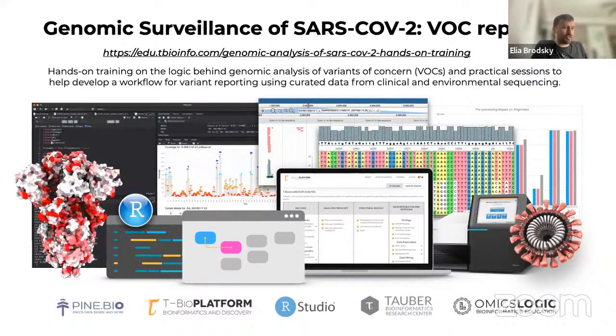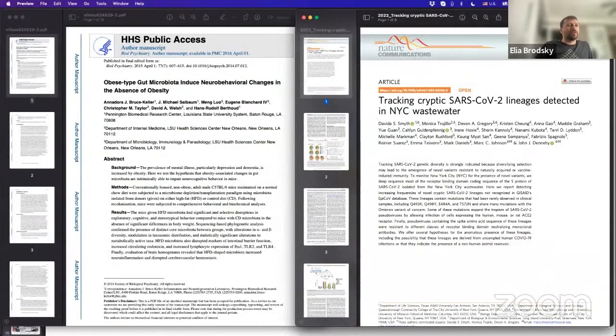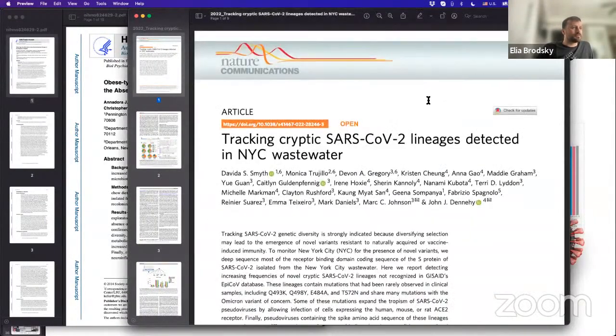But in addition to that, I want to point to a paper that recently came out. This is the paper right here, called Tracking Cryptic SARS-CoV-2 Lineages Detected in New York City Wastewater. This is an interesting article, and I'll share the link here for anyone who's interested.